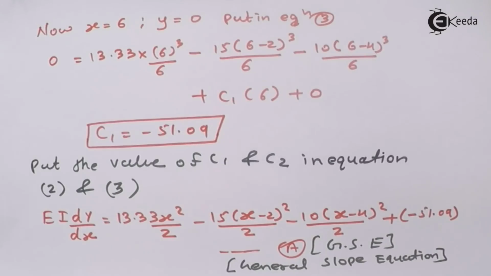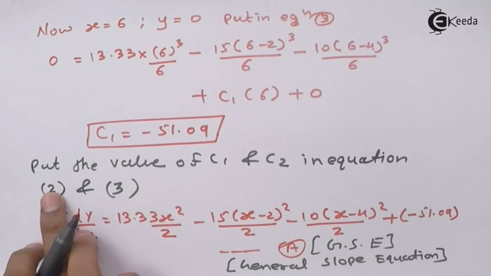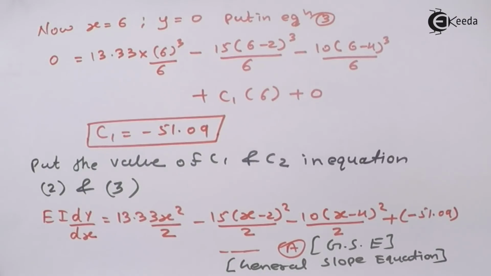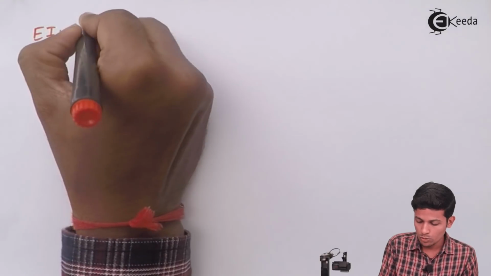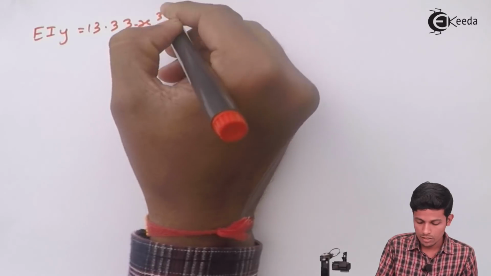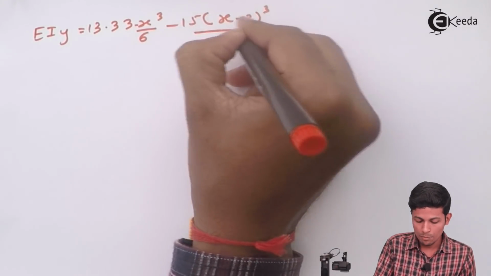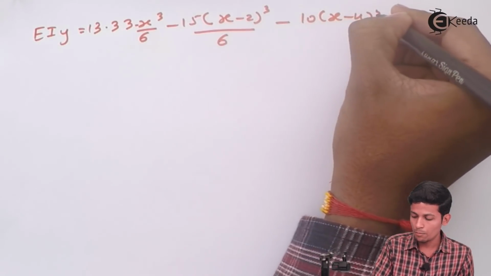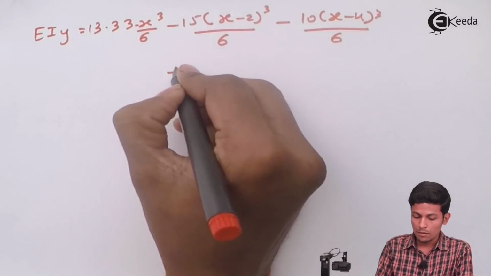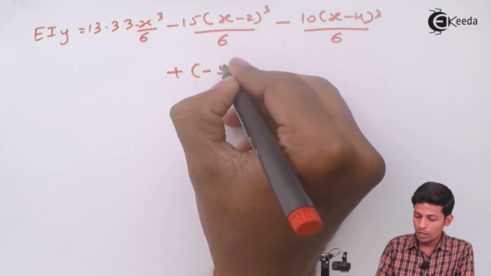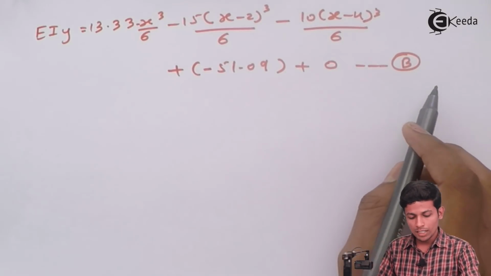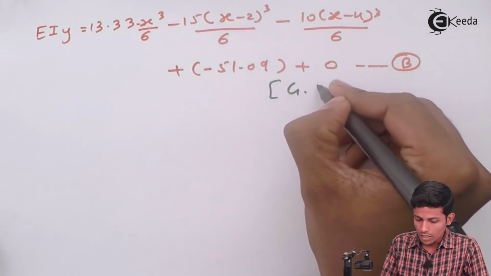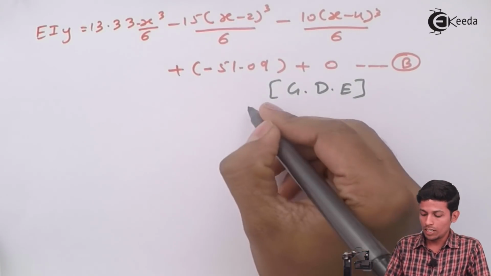In Macaulay's method we have to find the slope equation and the deflection equation. Now we have put the values in 2; now put them in equation 3. So it comes like EI y is equal to 13.33 x raised to 3 upon 6 minus 15 into (x minus 2) raised to 3 upon 6 minus 10 into (x minus 4) raised to 3 upon 6, plus C1, which is minus 51.09, plus C2, which is 0. This is equation B, which is nothing but your Macaulay's deflection equation.